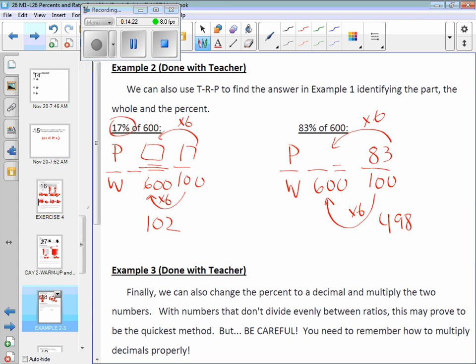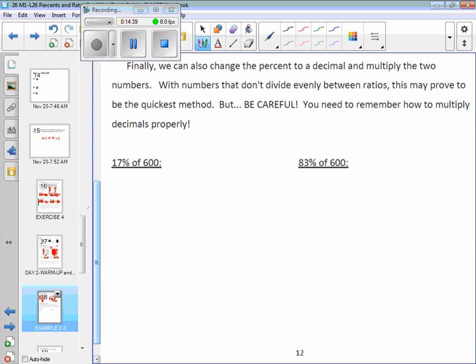How many like TRP better than the grids? Quicker, right? There's one more way, and if it confuses you, then don't do it this way. But for some of you, I'm already starting to see it, and that is straight multiplication. It's the same problem: 600, but I'm going to take the 17% and change it to a decimal.